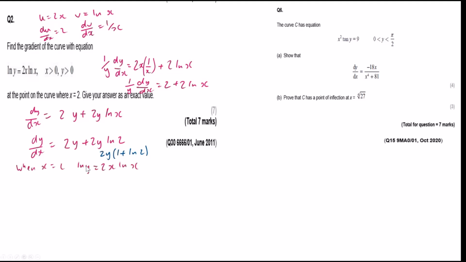So once we have this, we can get ln y from the beginning equals 4 ln 2. So I hope this is going to help us.